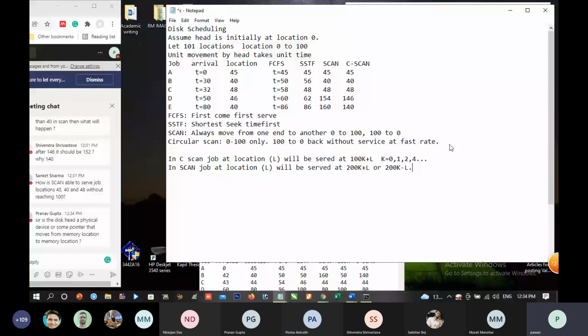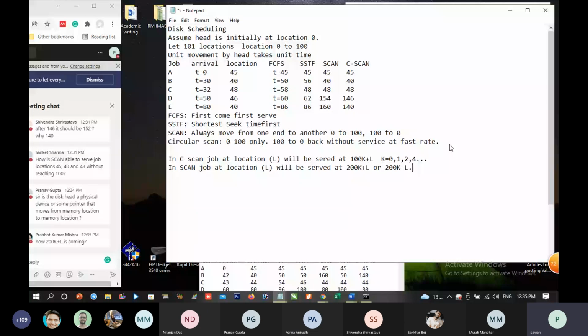Disk head is a physical pointer. It is a physical pointer which moves from one end to the other. Is it correct? It moves from one end to the other. What is the problem in this?